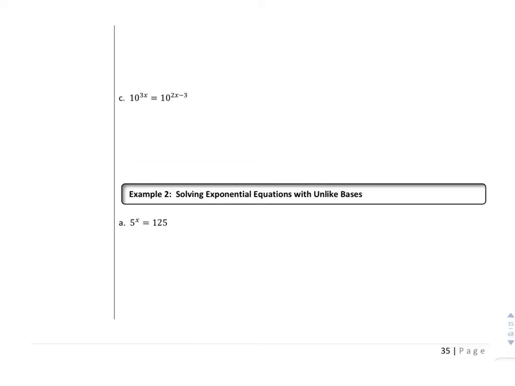For example C, you can also notice that the bases are the same. So the bases are the same. We can equate the exponents. And that simply means just setting them equal to each other. So you're going to set 3x equal to 2x minus 3. And we want to get the x's all on one side of the equation.